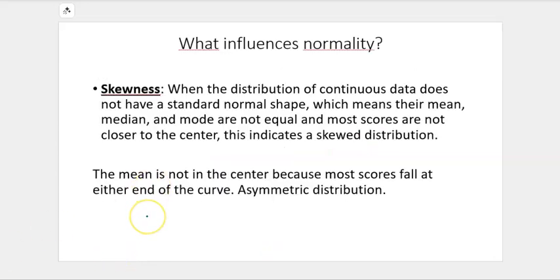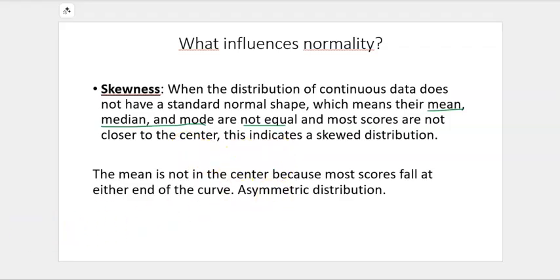And then what influences normality? Skewness. Of course, this is one of the most influential factors. When the distribution of the continuous variable does not have the standard normal shape, this means that the mean, median and mode are not equal, and most scores are not close to the center. This indicates a skewed distribution.